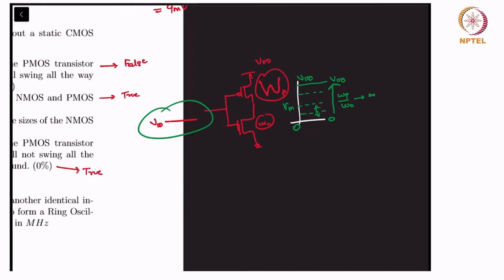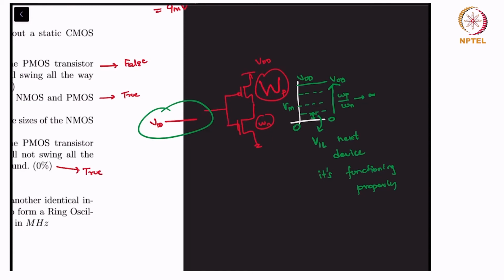That is, you've given the input as logic high, the output has to be within the VIL, the input low voltage of the next device, whatever follows this inverter. It is only in this zone that we say that it is functioning properly.